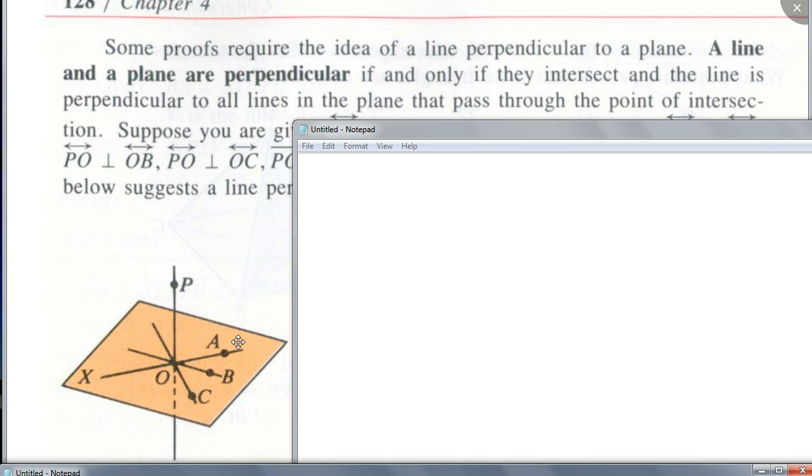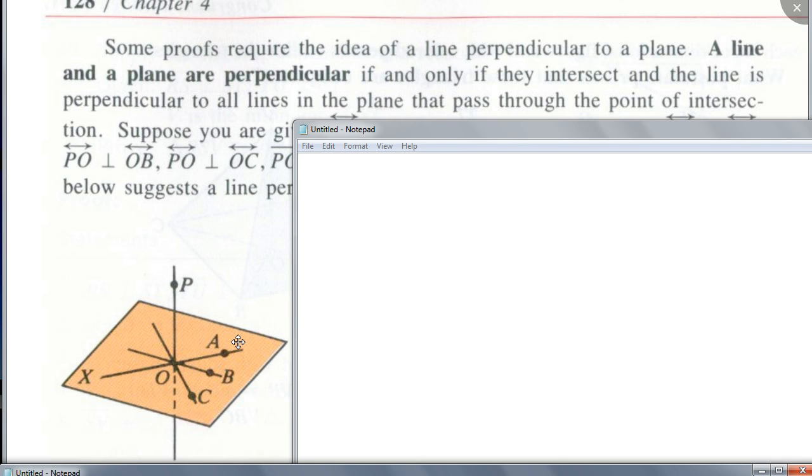Why do they do all this work? Why can't they just say it this way? For a definition, why don't they say something like: a line is perpendicular to a plane if the line passes through the plane and is perpendicular to one of the lines? Why do they say all lines? Why can't they just say one line? Because if it's perpendicular to one of the lines, don't you get this picture?